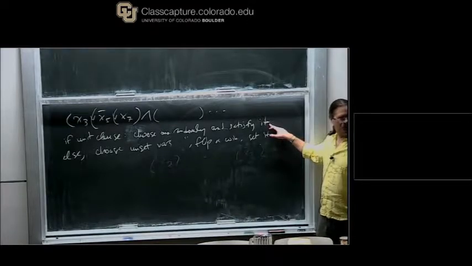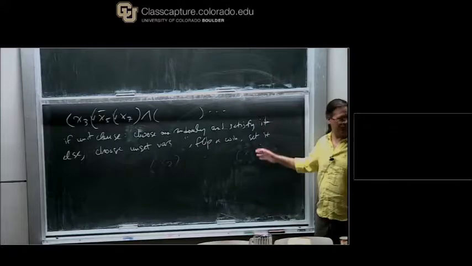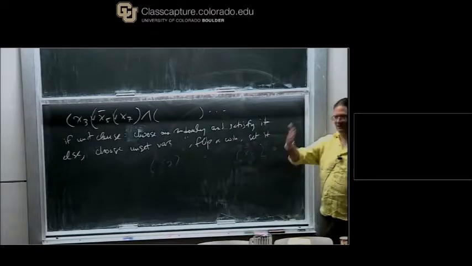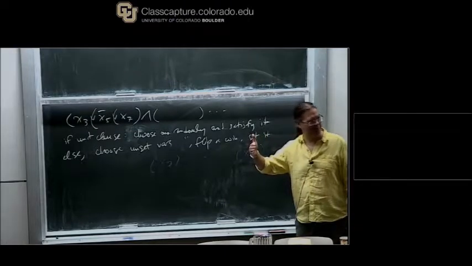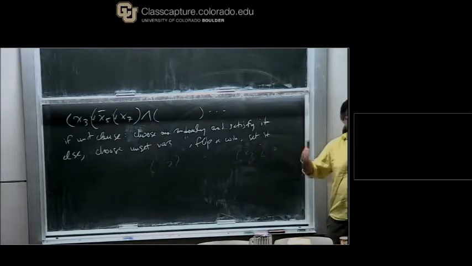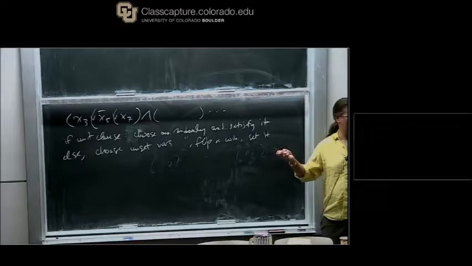Okay? So, like I said, the one thing that this algorithm won't do is, if there's a brick wall right ahead of it, it will not run into it. So if there is a unit clause that wants x7 to be true, it will set x7 true, unless it chooses to satisfy some other unit clause instead. Okay?